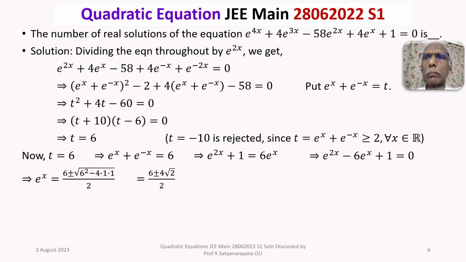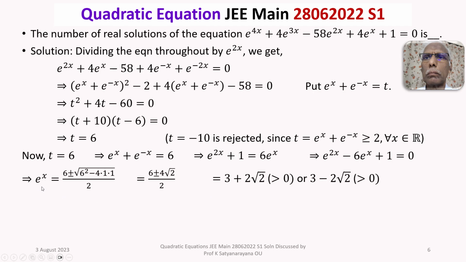Cancel the 2 both in the numerator and denominator. We get 3 + 2√2, which is positive, obviously, or 3 - 2√2, which is also positive because 2√2 is less than 3. Because these two are real.